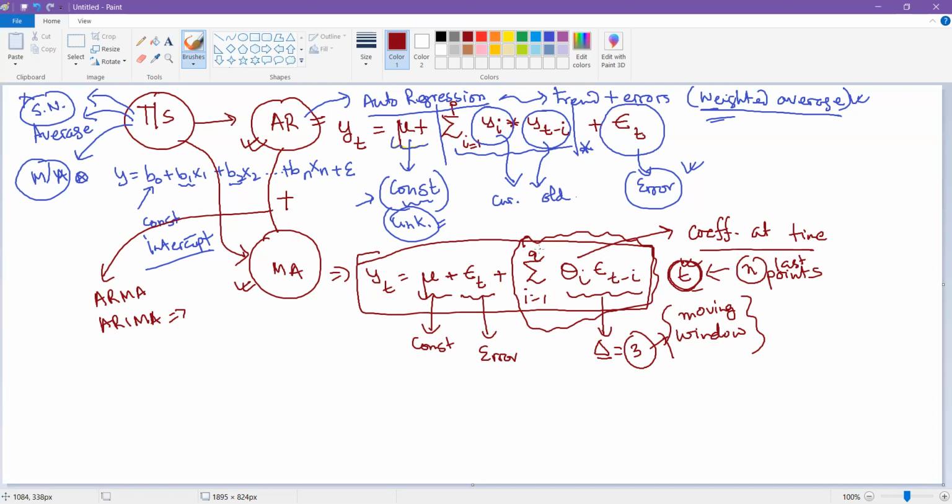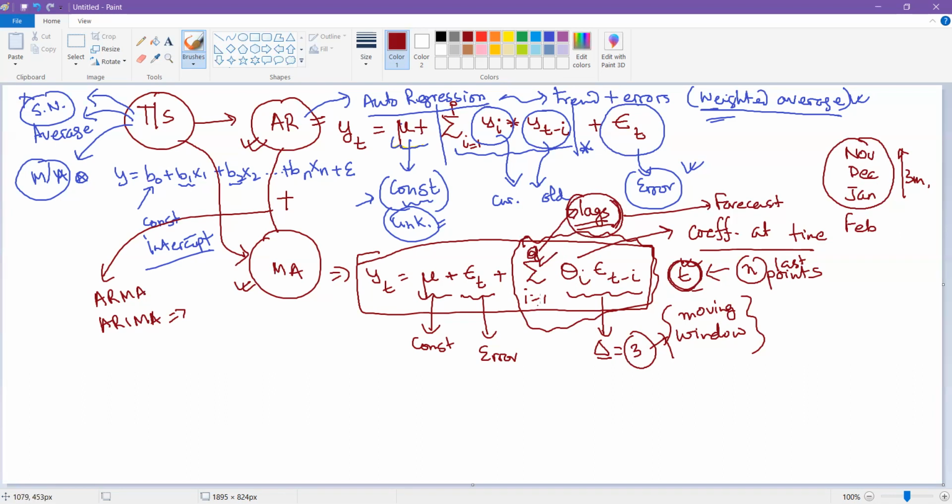Now what we are going to do is that we are simply going to introduce the lags, and according to the lags, we will be able to find how much is going to be the forecast. So for example, if I replace q with 3, I'm going to go back to 3 lags in the past, which means that if I have data for November, December, January, and then I'm trying to predict something for February, taking into consideration the last 3 months, I can simply fix the value of q equal to 3.